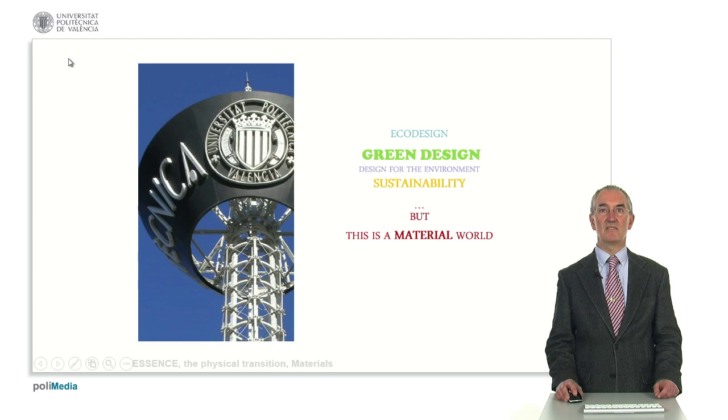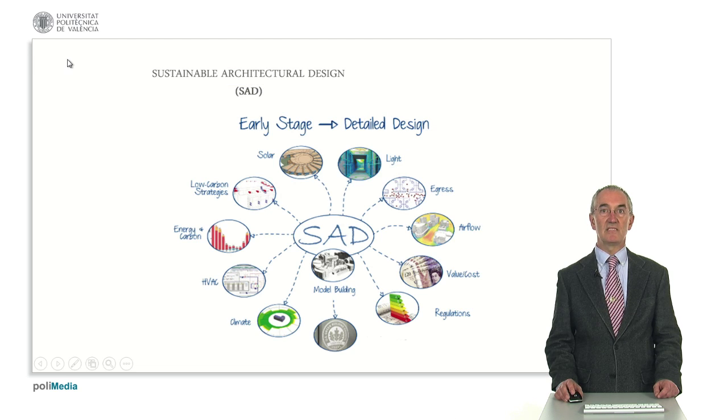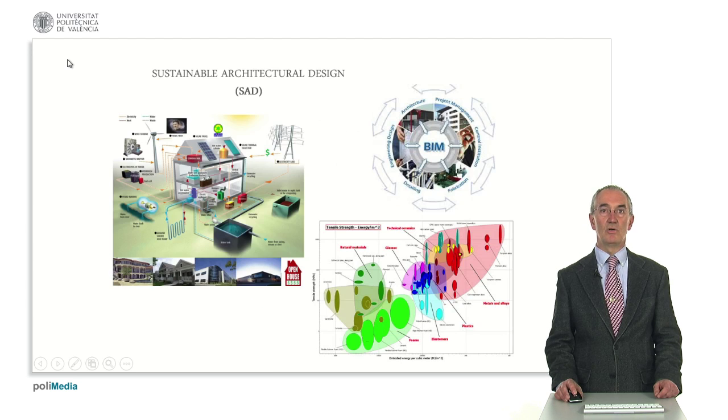But what is sustainability really? Basically, it's a collection of different materials performing their functions. You can see that all these should be taken care of from the very early stage to the final detailed design in an integrated, interdisciplinary way, as is introduced here in Essence. All these stages are facilitated by BIM.